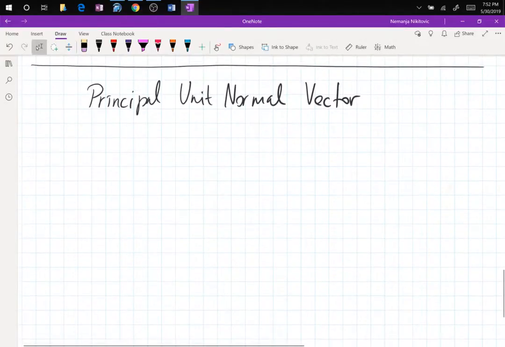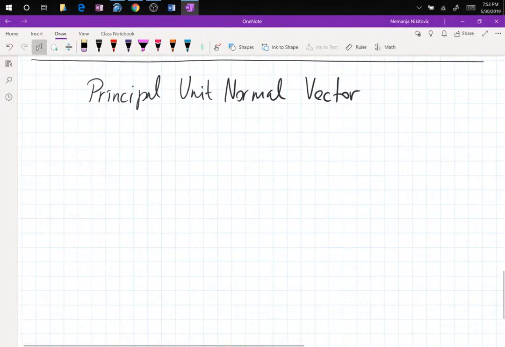The goal for today is to discuss the principal unit normal vector, which is going to be perpendicular to your tangent vector, and it could be very painful to compute.